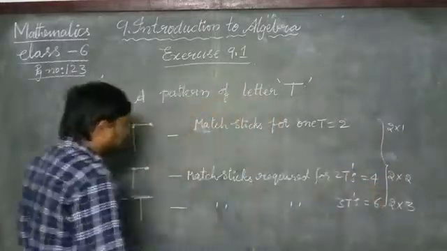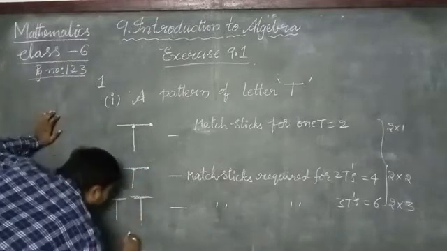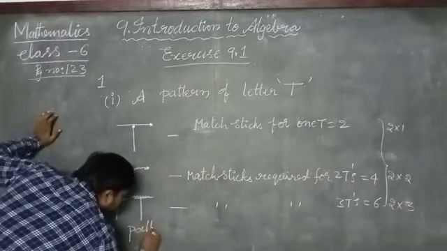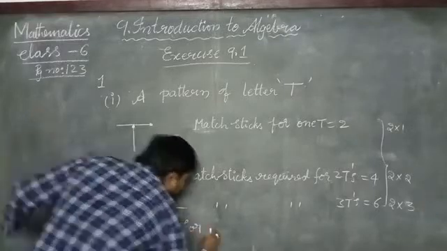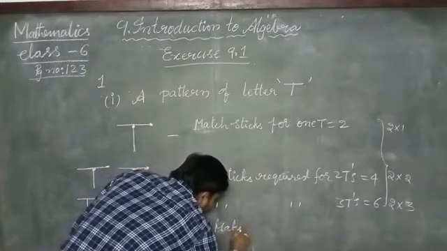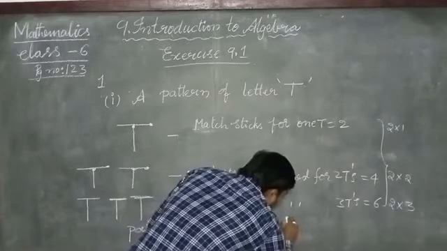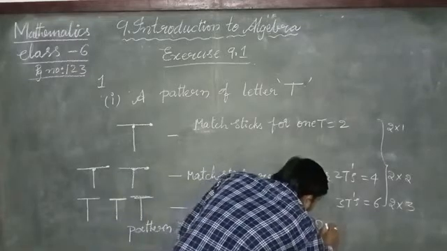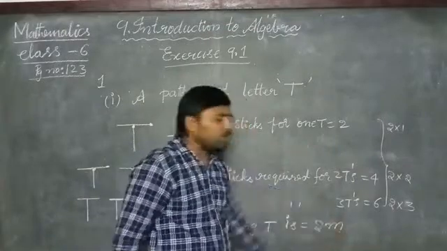That is why the pattern for making T is 2m. Here 2 is the constant and m is the variable.